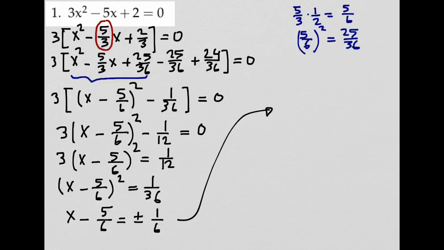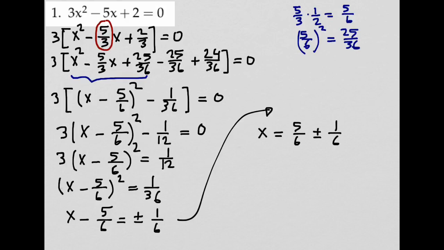Add 5 over 6 to both sides to get x equals 5 over 6 plus or minus 1 over 6.